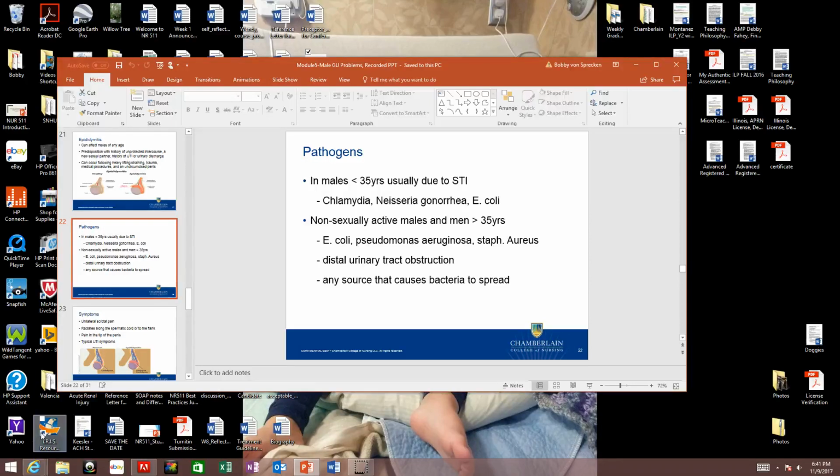In non-sexually active males and men over the age of 35, epididymitis is most commonly due to E. coli and sometimes Pseudomonas and Staphylococcus aureus. It is also associated with distal urinary tract obstruction or any cause that can cause bacteria to spread from the infected site to the epididymis, such as prostatitis and surgical procedures.